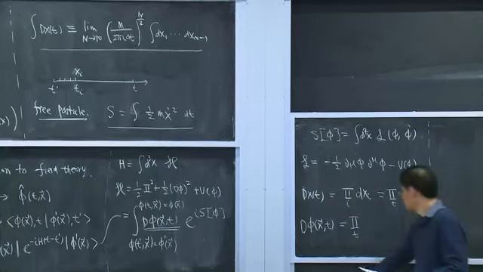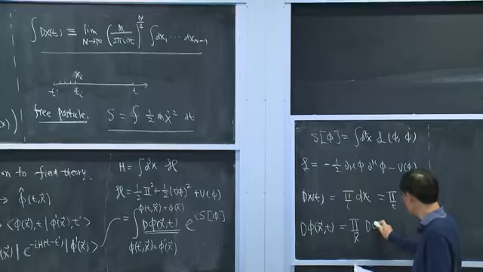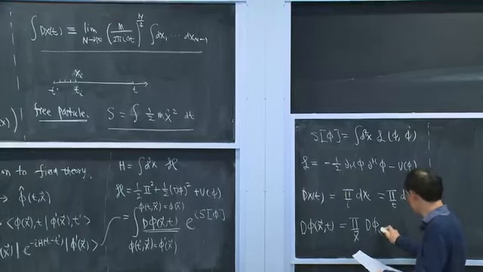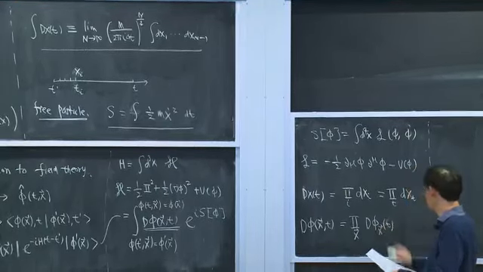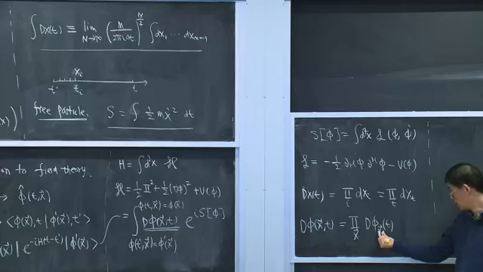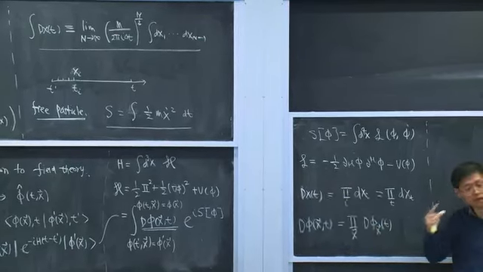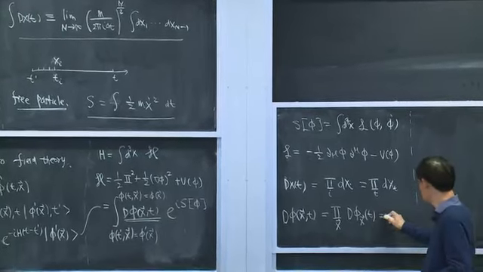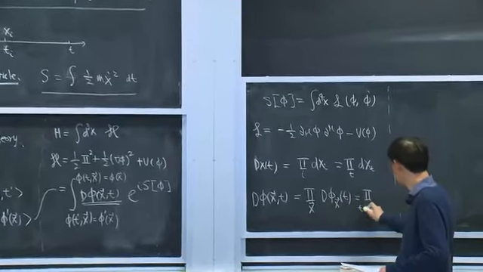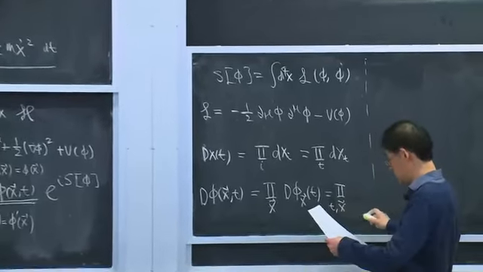You have x as the labels of phi, and you take all possible values of x, and each of them is just like, okay, you have so many different variables, each x labeling one degree of freedom. Okay, and then you have phi t, and then you use this one, then you have tx d phi.